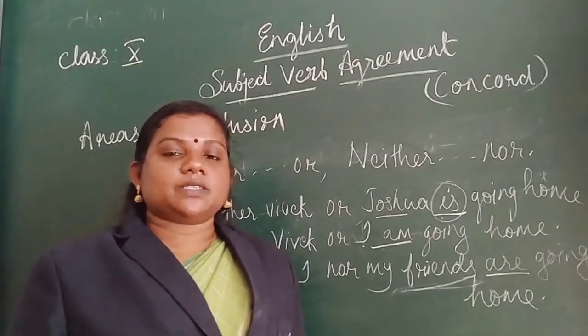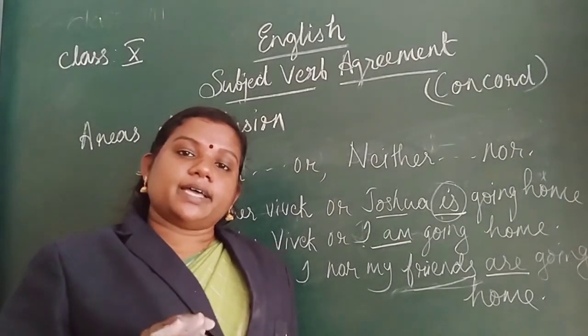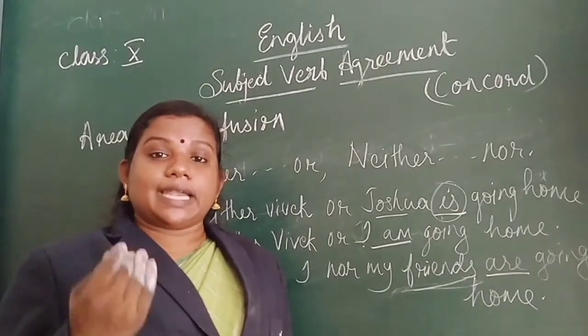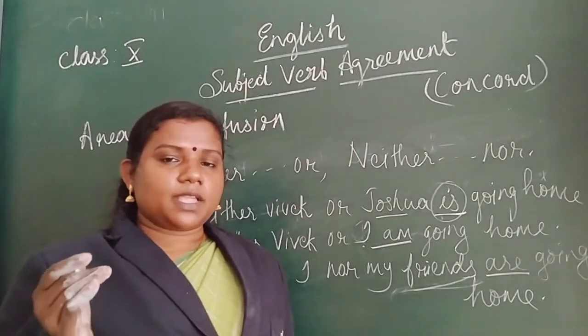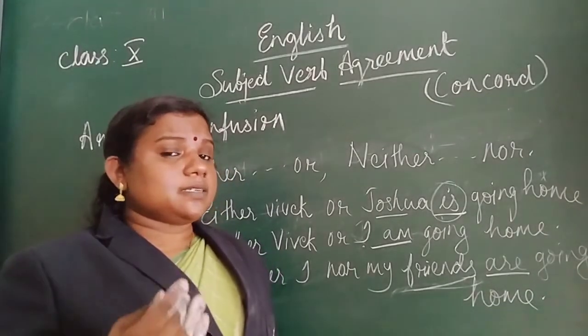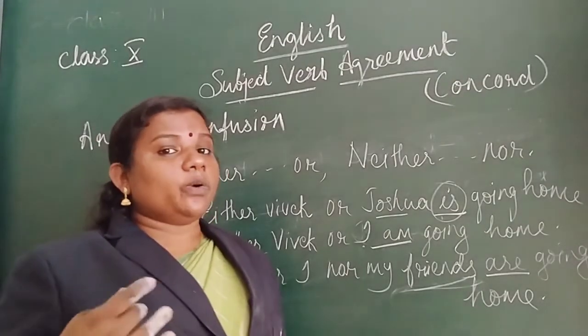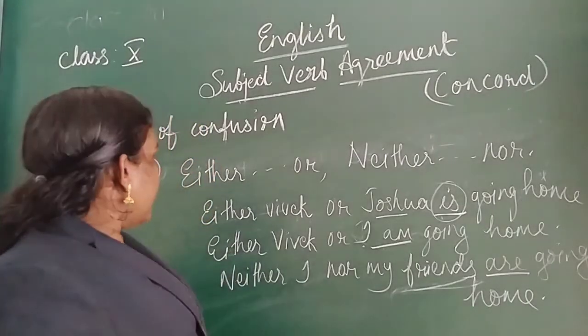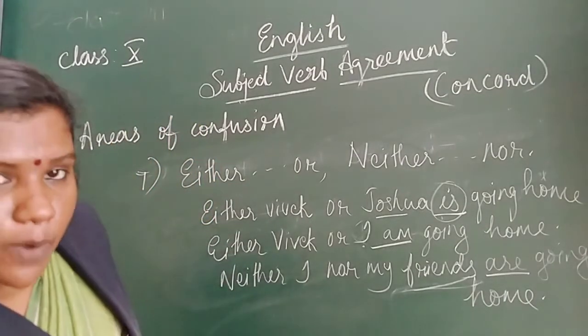So in a sentence, if either or, neither nor are used to connect nouns, the verb will come according to the closest noun. Okay, clear students? Now we will go to the 8th point.